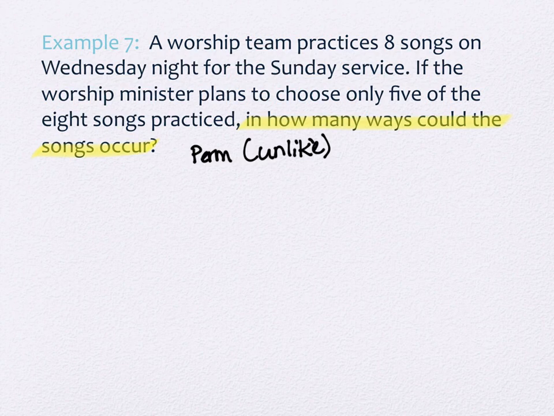So one way of doing this is a permutation of unlike objects. So I have 8 songs, and I'm doing a permutation and I'm going to choose 5 of them. So on top I have 8 factorial. On the bottom, what I have is the number of songs I don't choose. How many am I not choosing? 3.